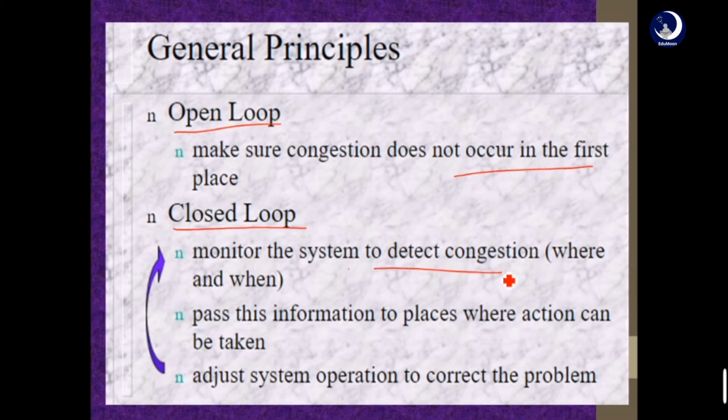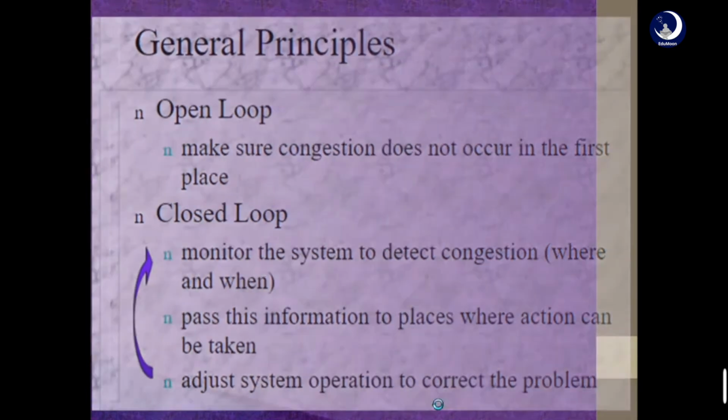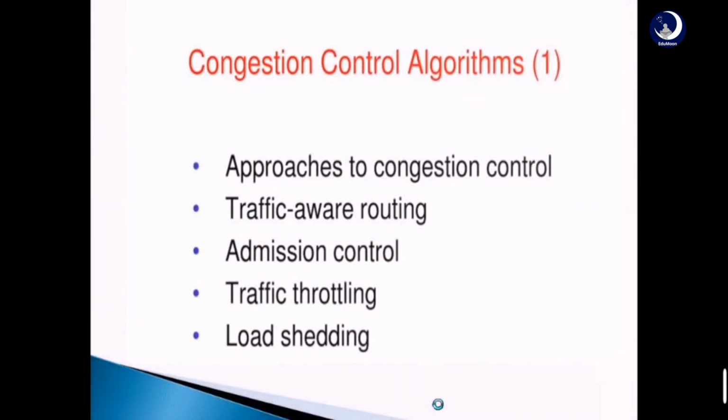It helps us pass the information to the places where congestion has occurred. And third, after detecting congestion, we have to take action regarding the problem. Now let's see congestion control algorithms.